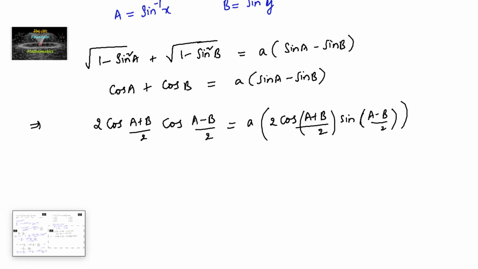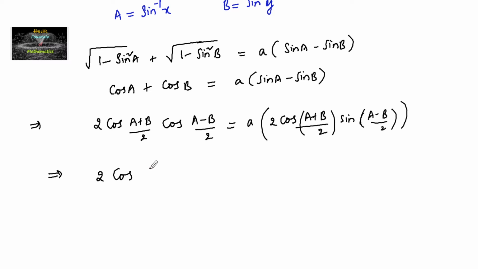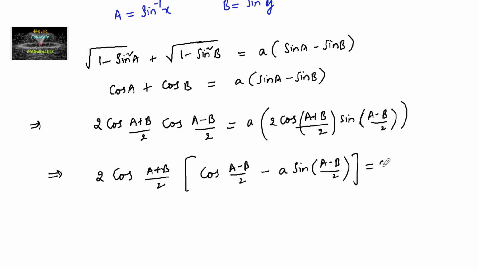So we can take out 2 cos of a plus b by 2 common. So we can write here cos of a minus b by 2 minus a sin of a minus b by 2, which is equal to 0.